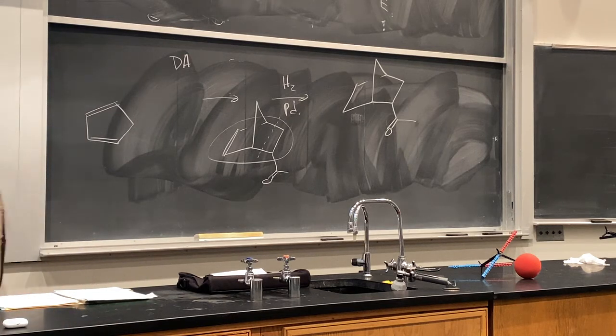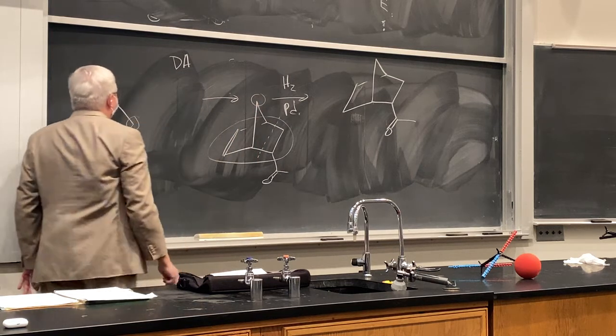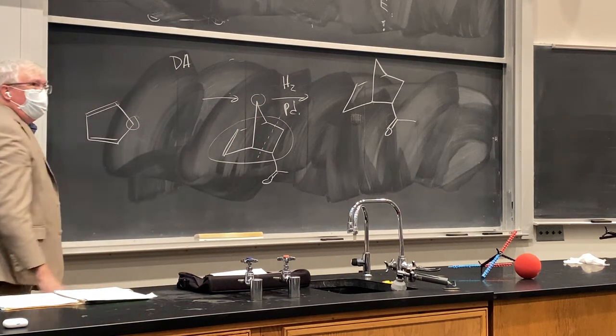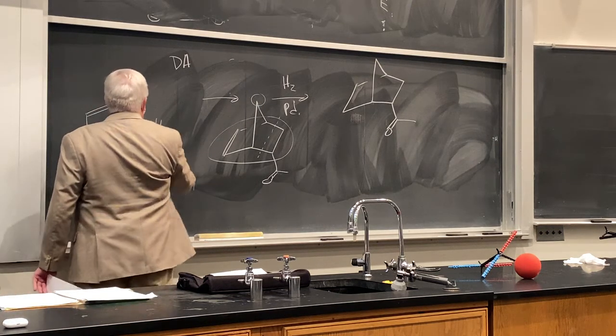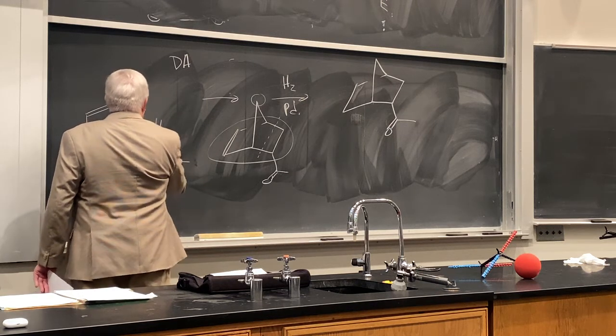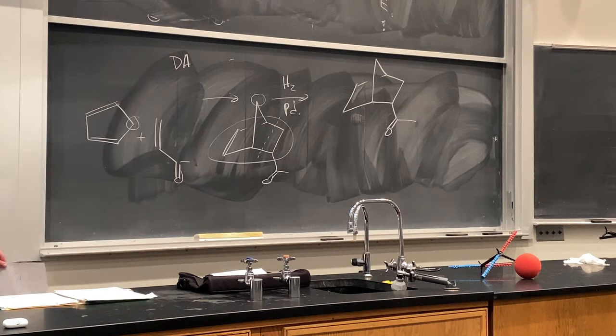Cyclopentadiene. There's our methylene sticking up right there. And there's the 4 carbons of the butadiene reactive partner. And then what's our Diels-Alder dienophile? Must have been this unsaturated ketone. Okay. So that's working backwards.